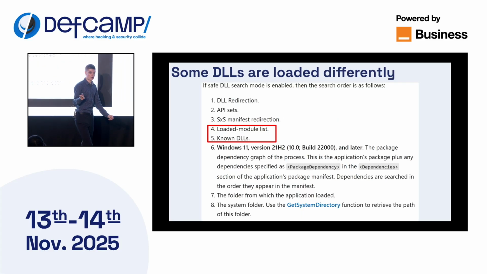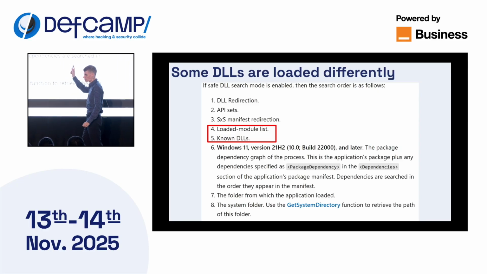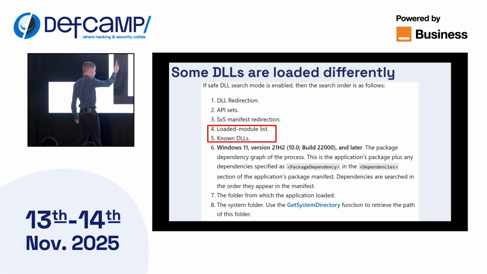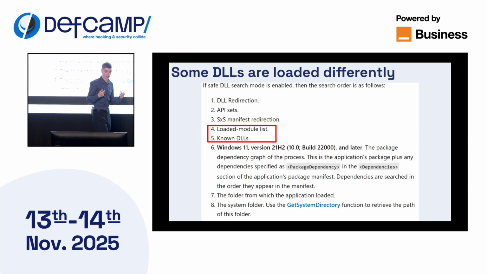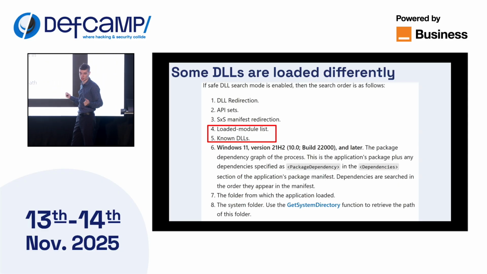And so, by this logic, since anti-DLL is always on the loaded module list, and since point 4 here comes before point 7, can we actually ever sideload anti-DLL by putting it in the same directory as the application? Yes or no?